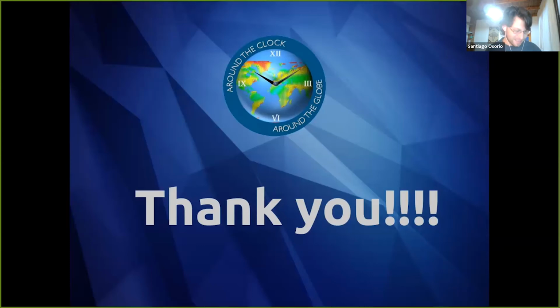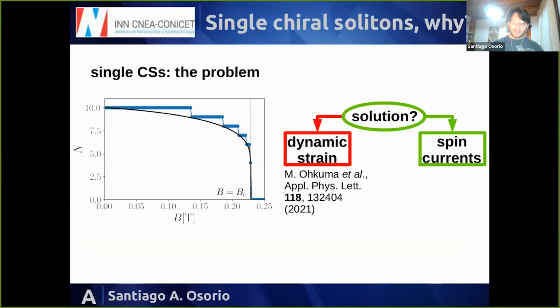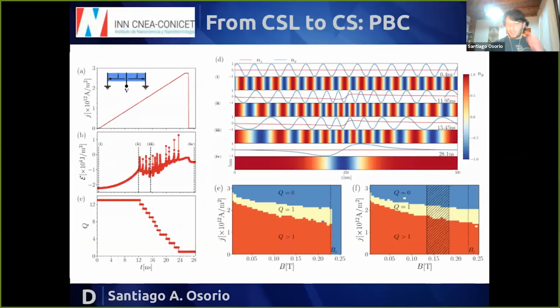I would like to ask you about the states where there are many solitons that you said were not stable. Are they arranged in a periodical way, or how do they appear? Okay. If you have an n-soliton state, they are always arranged in a regular pattern.